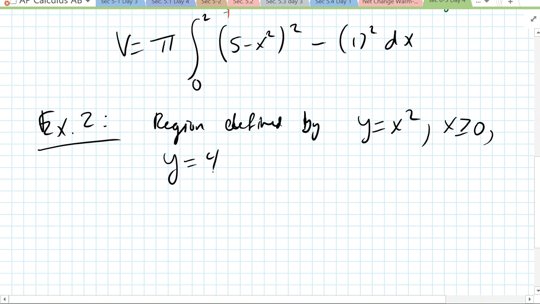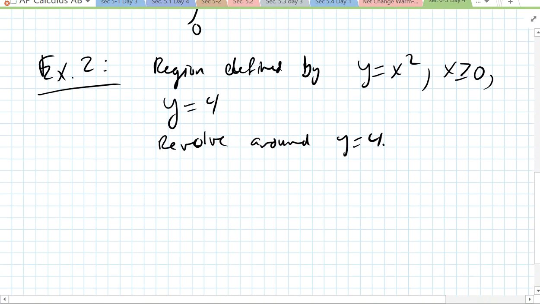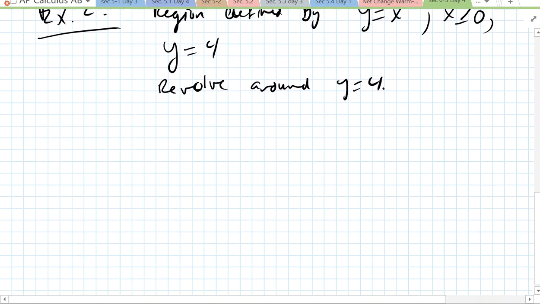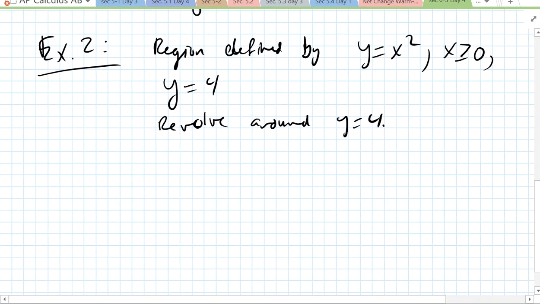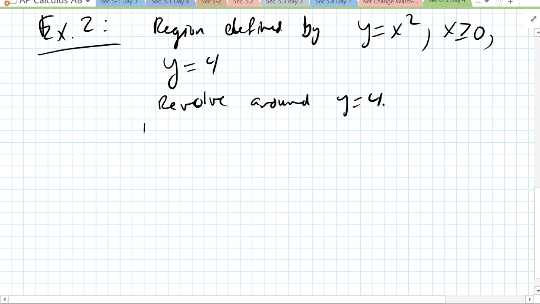Those three things are bounding it. I'm not going to tell you how. And we are going to revolve it around y equals 4. So let's see what that looks like. It's x squared, x equals 0, and y equals 4. Surely we can graph those. Yes, we can. I know we can. I know y'all can too.